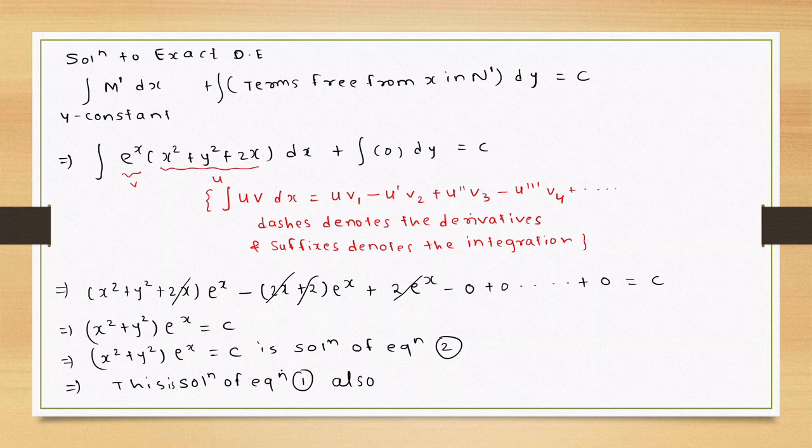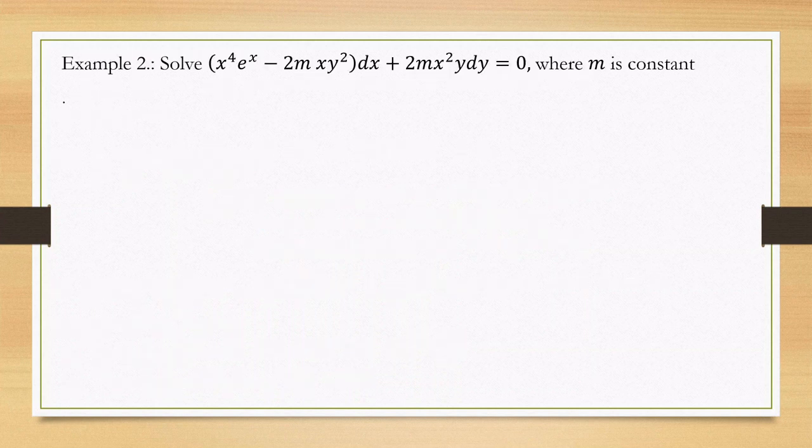Now let us see the second example. Okay. Now, first read carefully, solve: (x raised to 4 e raised to x minus 2m x y square) dx plus 2m x square y dy is equal to 0, where m is a constant.